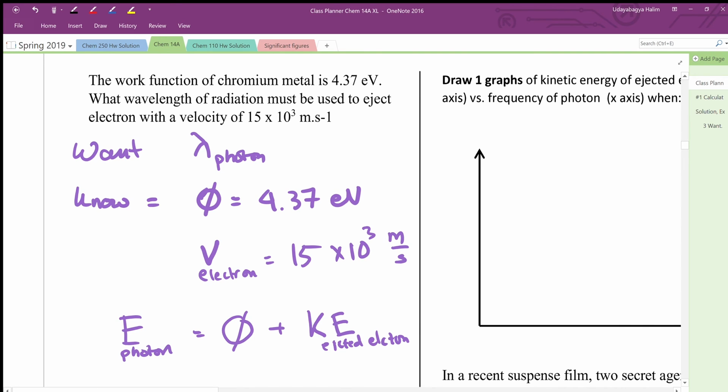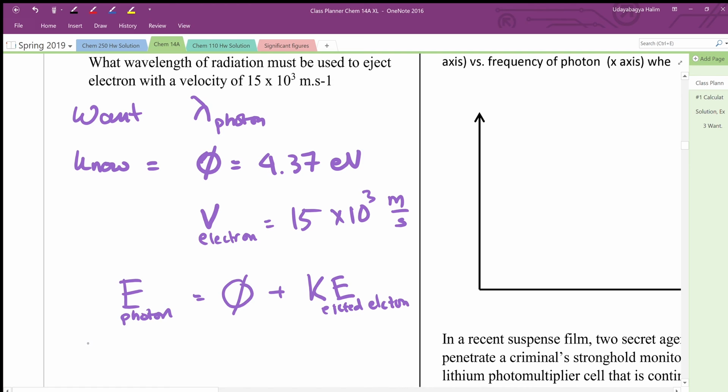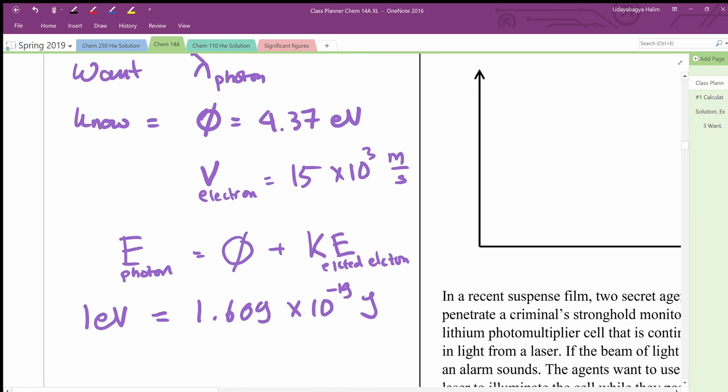Right, so I'll start from there. Some unit conversion: 1 electron volt is equal to 1.609 times 10 to the power of negative 19 joule. You can give me your answer in electron volt, it's perfectly fine. You can work the problem with electron volt or joule.